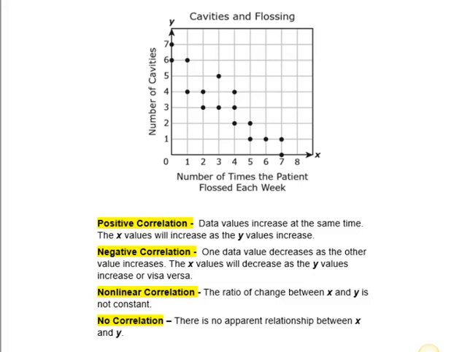So as the x values decrease, the y values will increase, or vice versa. If the x values are increasing, that means the y values will decrease. Nonlinear correlation: the ratio of change between x and y is not constant. And lastly, no correlation: there is no apparent relationship between x and y.